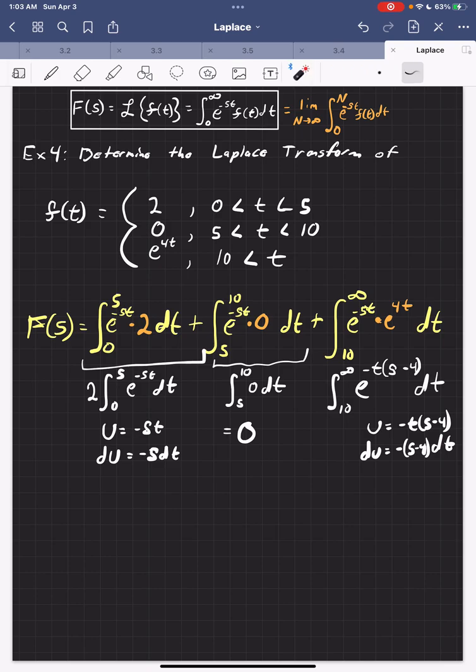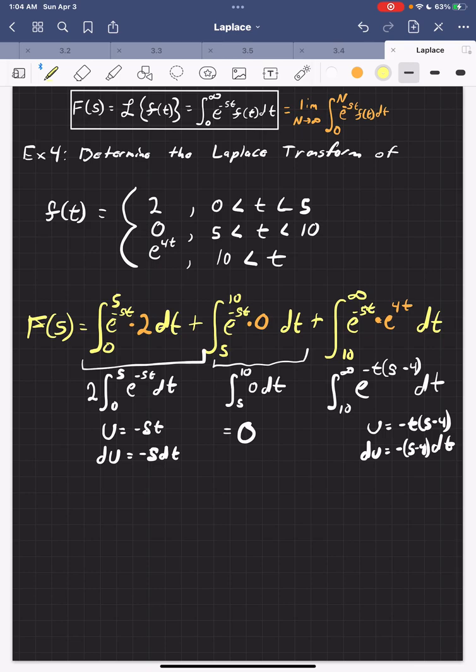All right, so at this stage, just imagine that I'm going to have to multiply and divide by negative s, and multiply and divide by negative times s minus 4. The good news is this just ends up being e to the u after you do that constant multiple rule.